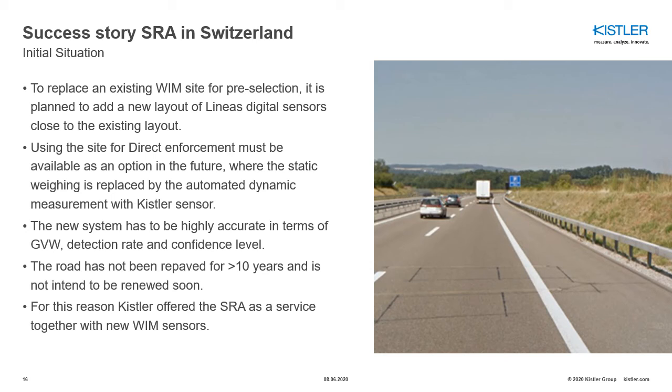The new system has to be highly accurate in terms of gross vehicle weight, detection rate, and confidence level. This road has not been repaved for above 10 years and is not intended to be renewed soon. For this reason, Kistler offered to the customer an SRA as a service together with the WIM sensor.